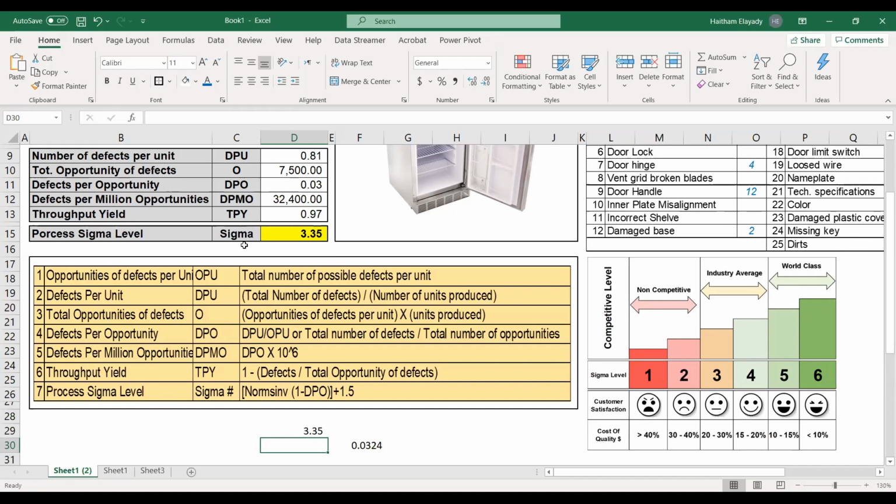So here we can understand that the sigma score for that factory is 3.35, which means that this factory is classified as an average industry, and the cost of the poor quality will be in between 20 to 30%.